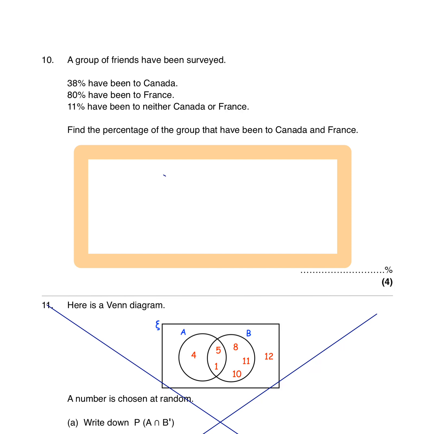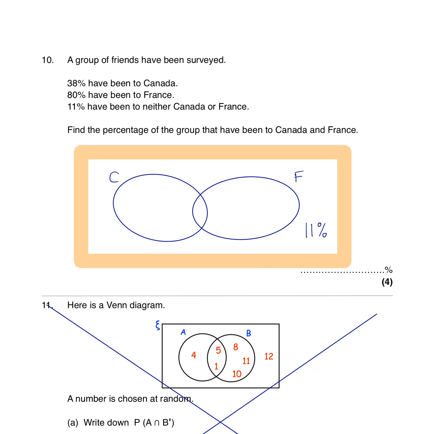And in my circles, I'm going to have in here Canada. 38% have been to Canada. 80% have been to France. 11% have been to neither Canada nor France. There's my 11% who've not been to Canada or France.